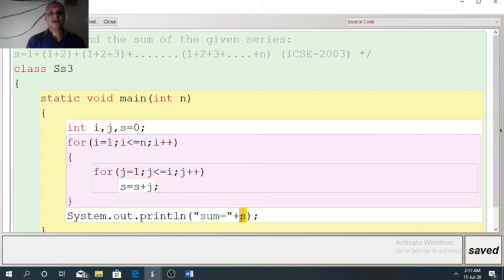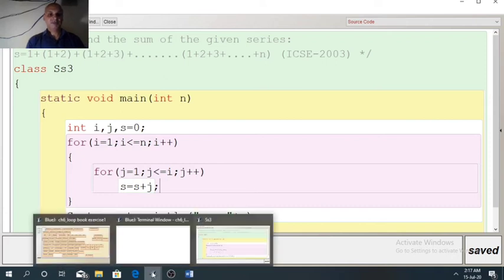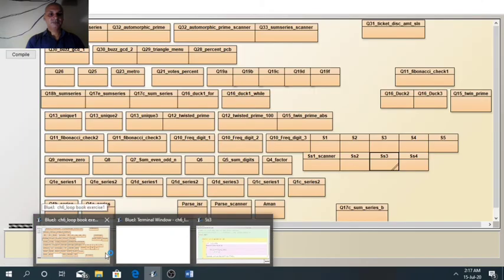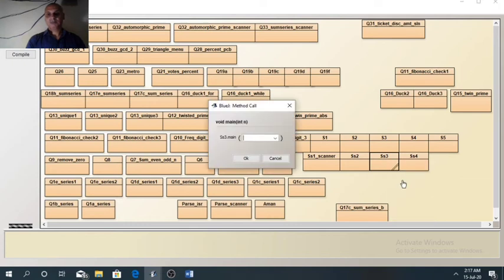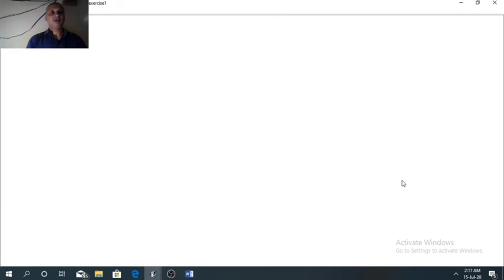As we had seen, that was 10 for the first 3 terms. Now we will verify the result of this program. Suppose when we enter 1 only, that is one term of the series, we will get only 1.